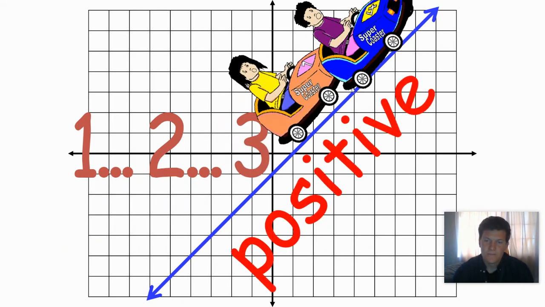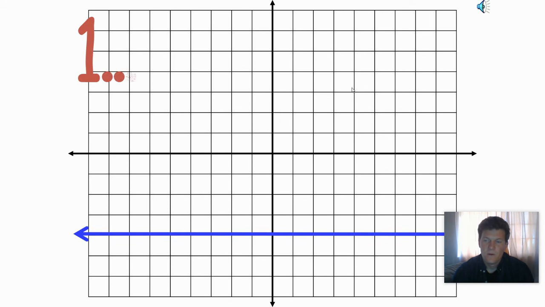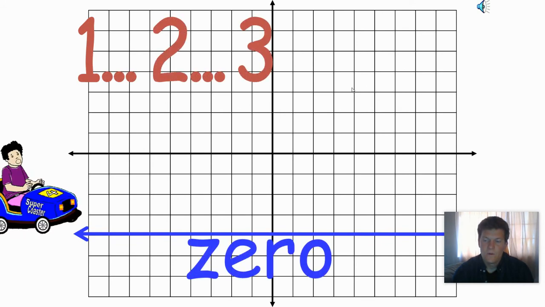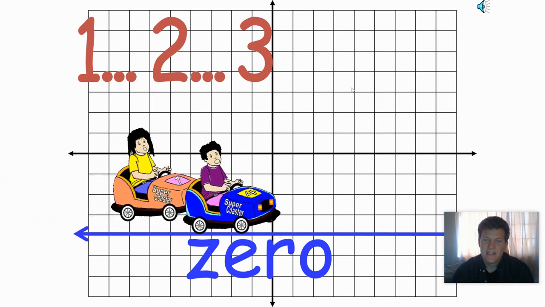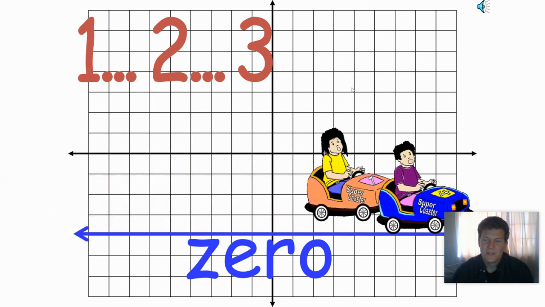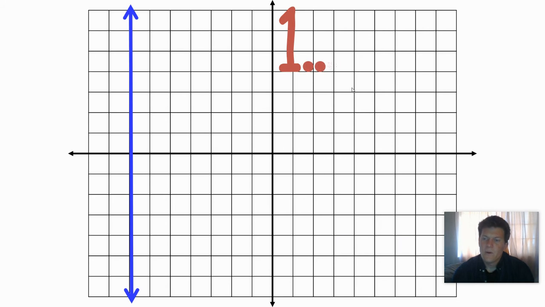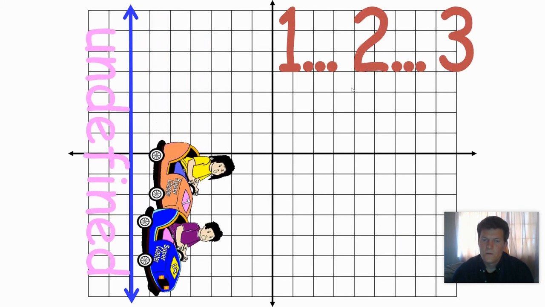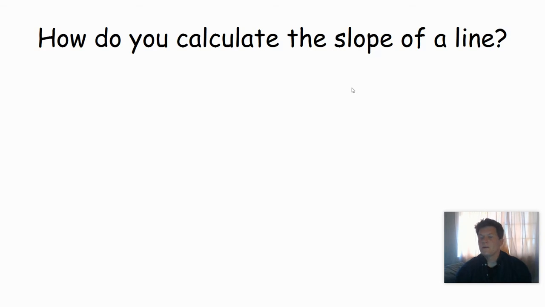Positive slope. What does this slope have? Boring. That boring one, that zero fun slope. And what about this one? Undefined.